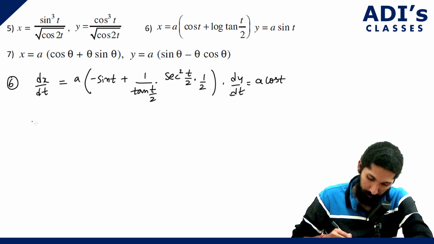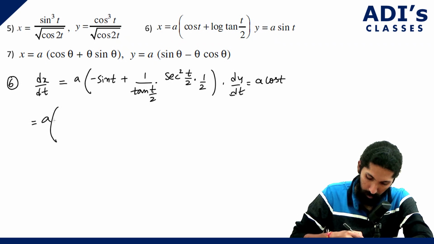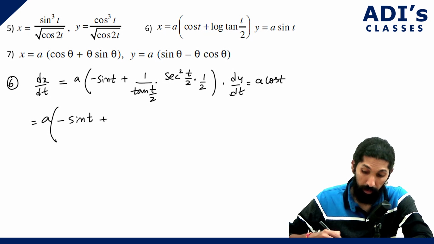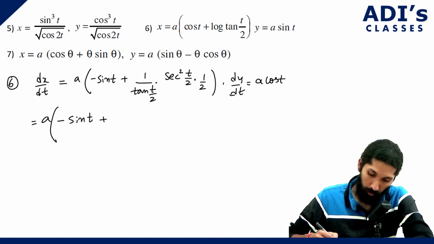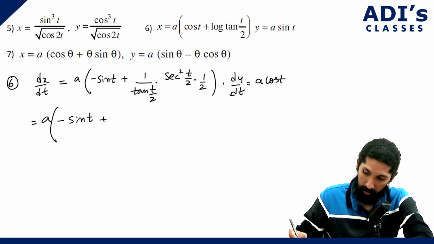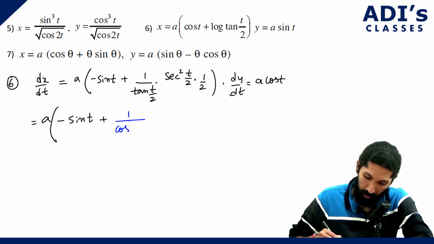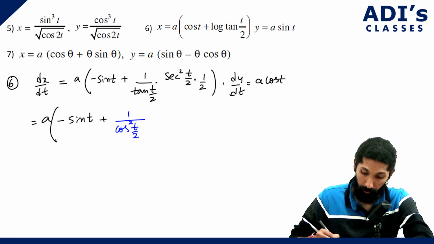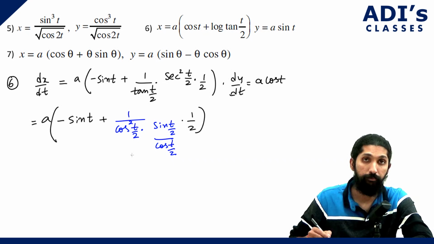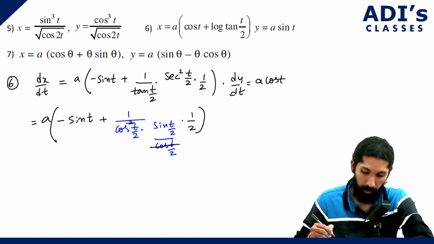So in the dx by dt, you have a into minus sine t plus secant square t by 2, correct? Now you can write that as 1 by cos square t by 2 into sine t by 2 cos t by 2 into half, correct? Now one cos t by 2 cancels out.